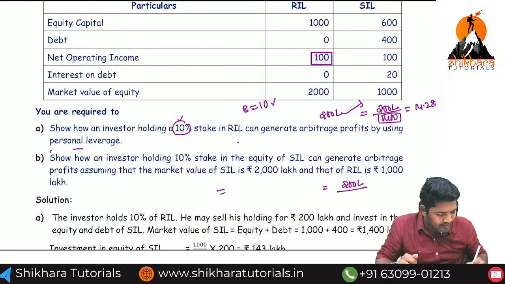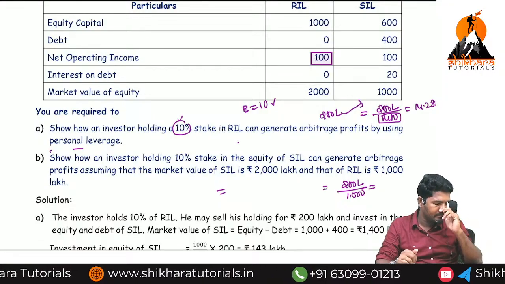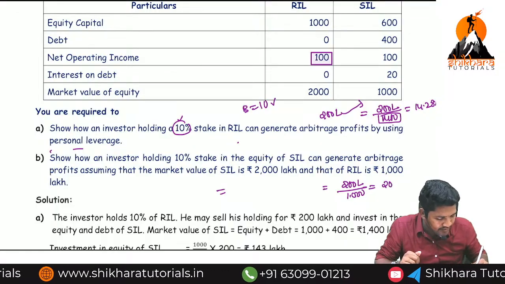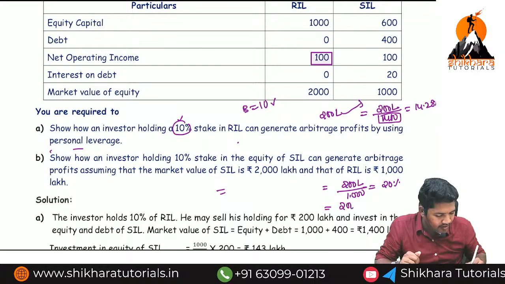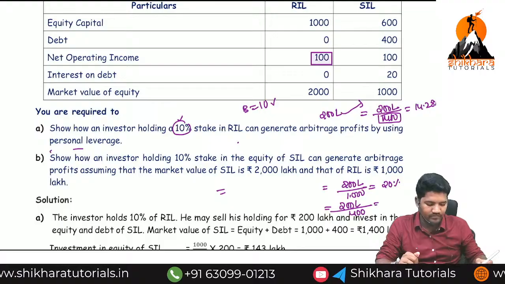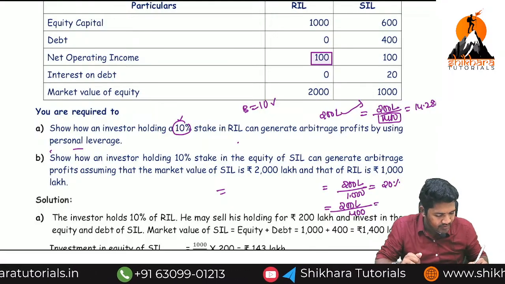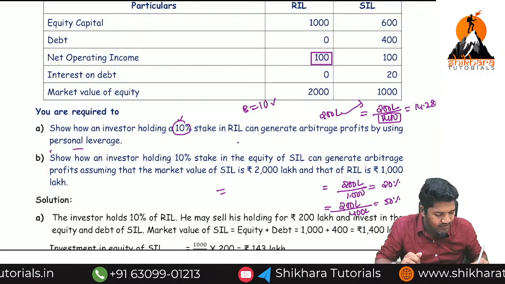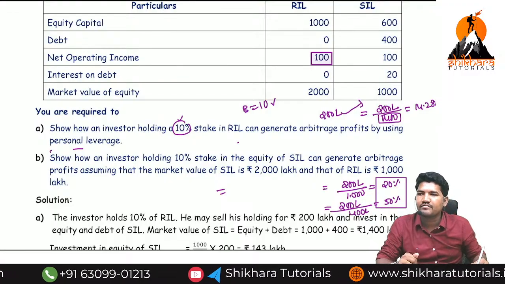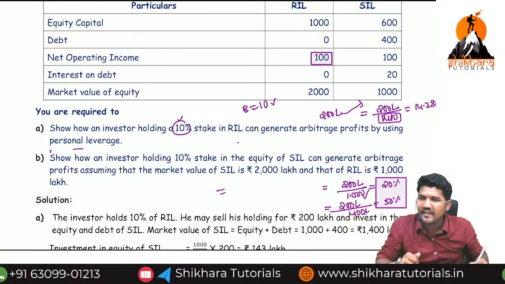200 lakhs divided by 1000, how much percentage is it? 20%. Now 200 lakhs divided by 400. 200 divided by 400, how much? 50 percent. So a few people are calculating like this individually, treating 1000 as equity investment and this as a debt investment.